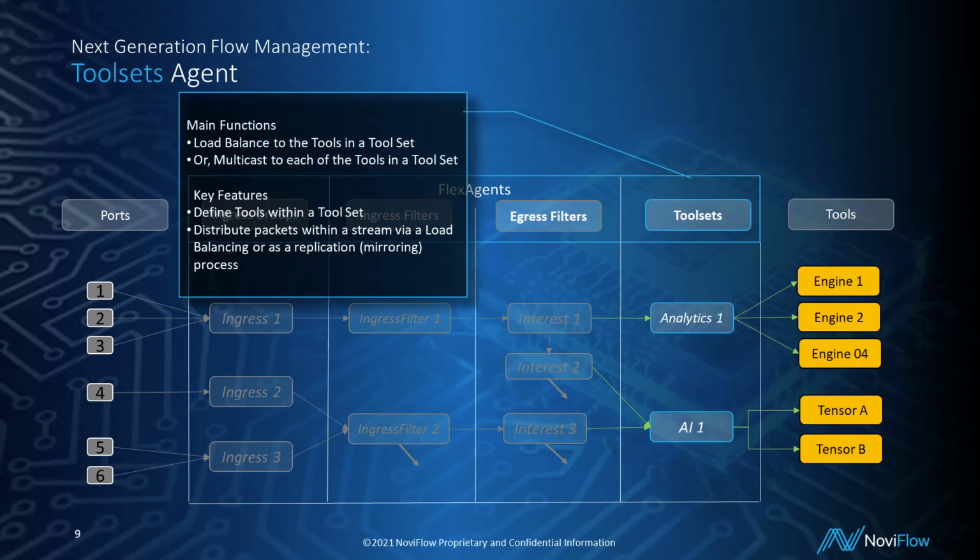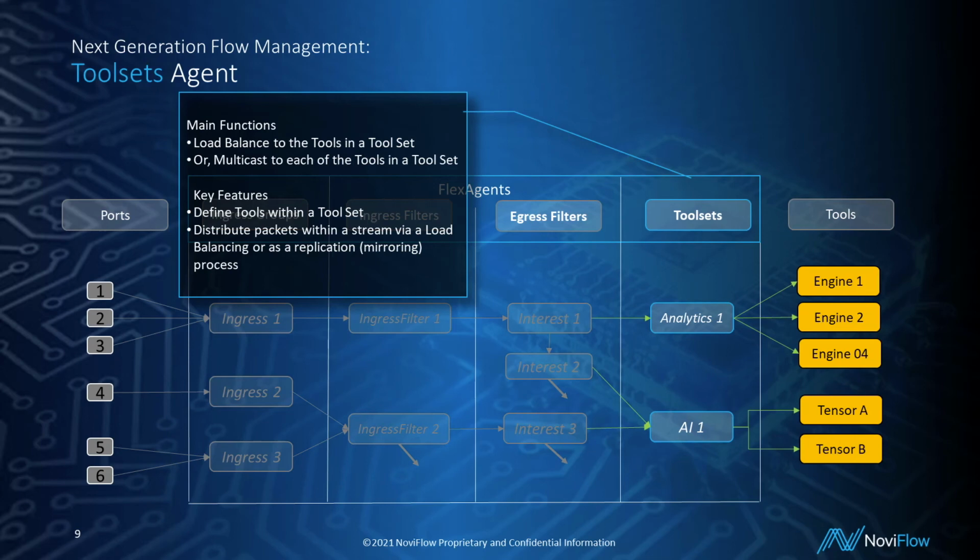The toolset phase brings the standard functionalities of the CyberMapper family to bear. This is the core of our product in managing large tool sets, doing HA, doing proportional load balancing to them, all of that. So agents in the toolset phase have two main functions.